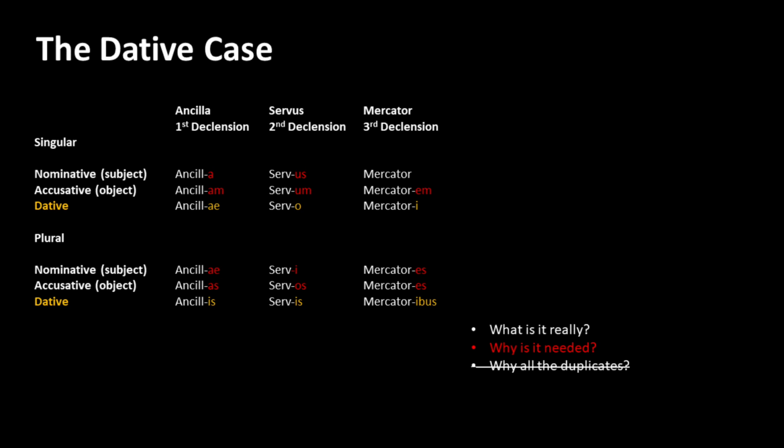Have a look at these two sentences. Dixi ancillae, dixi ad ancillam. These both mean, "I spoke to the slave girl." Look at the first sentence and look at the table on the left to see that I've not made a mistake. Ancillae is a singular dative case.